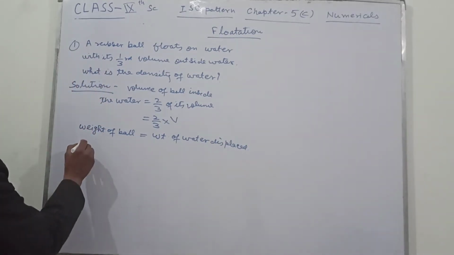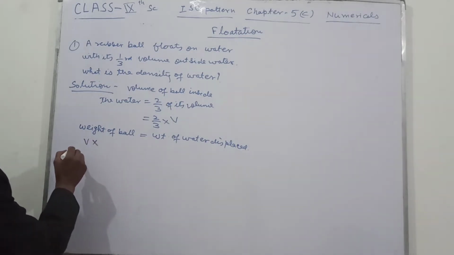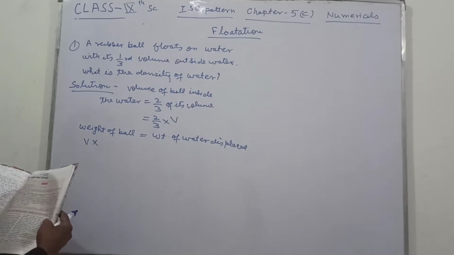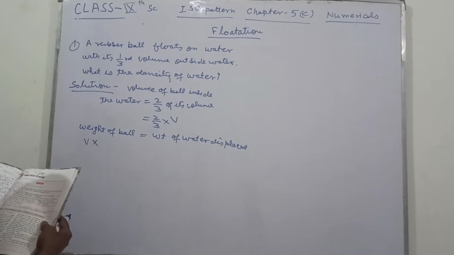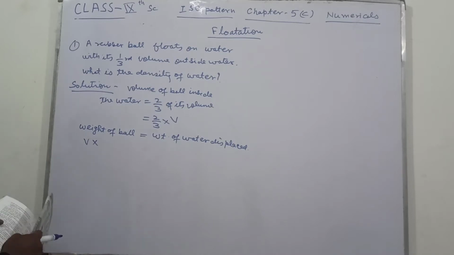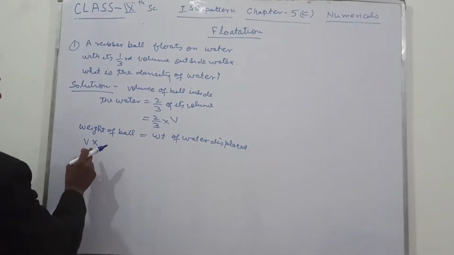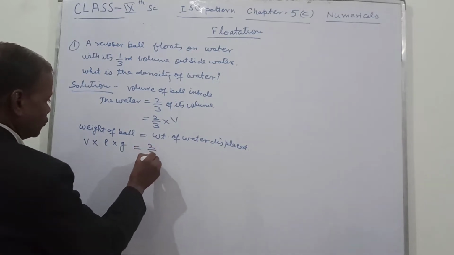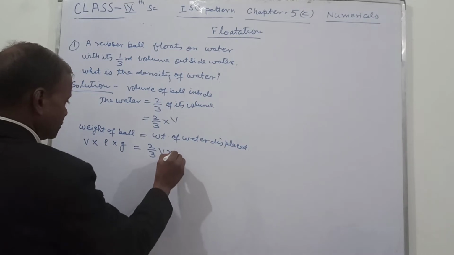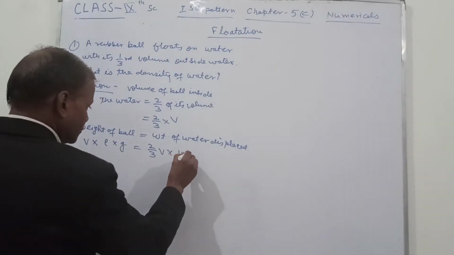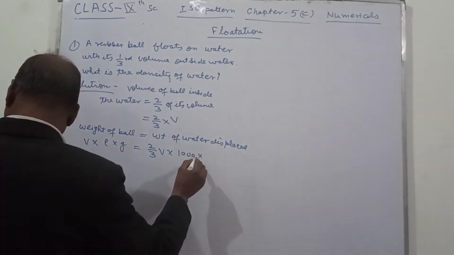The volume of the ball is V and its density is rho, so rho into V into g is equal to 2/3 into V into the density of water, which is taken in kilograms as 1000, into g.